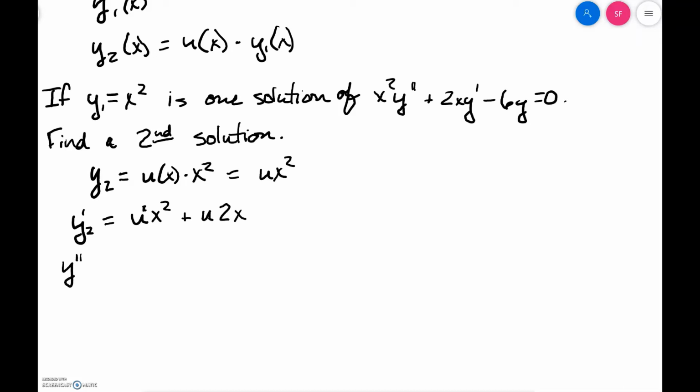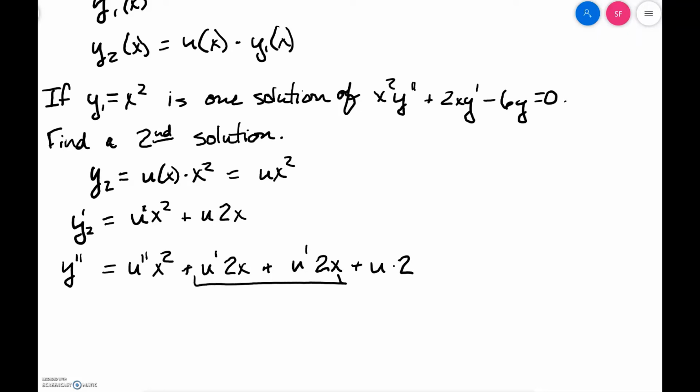Second derivative: derivative of the first, leave the second alone, plus leave the first alone, times the second derivative, and that's just of this first term. So let's go ahead and do it again for the second term, plus derivative of the first, leave the second alone, plus leave the first alone, derivative of the second. We have like terms there, so let's go ahead and combine those.